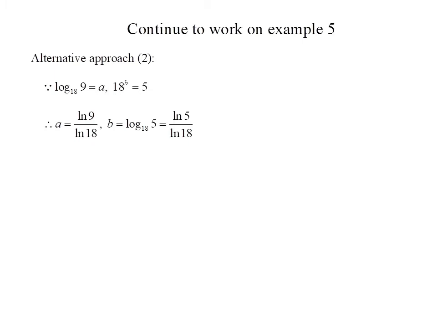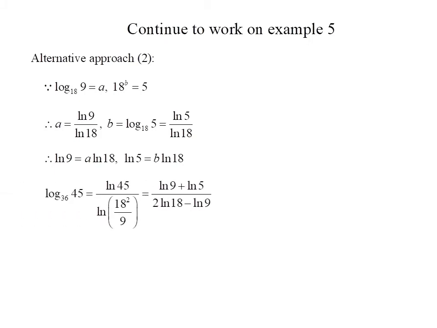B equals logarithm base 18 of 5, which equals the quotient of natural logarithm of 5 to natural logarithm of 18. Hence, natural logarithm of 9 equals A times natural logarithm of 18. Natural logarithm of 5 equals B times natural logarithm of 18.